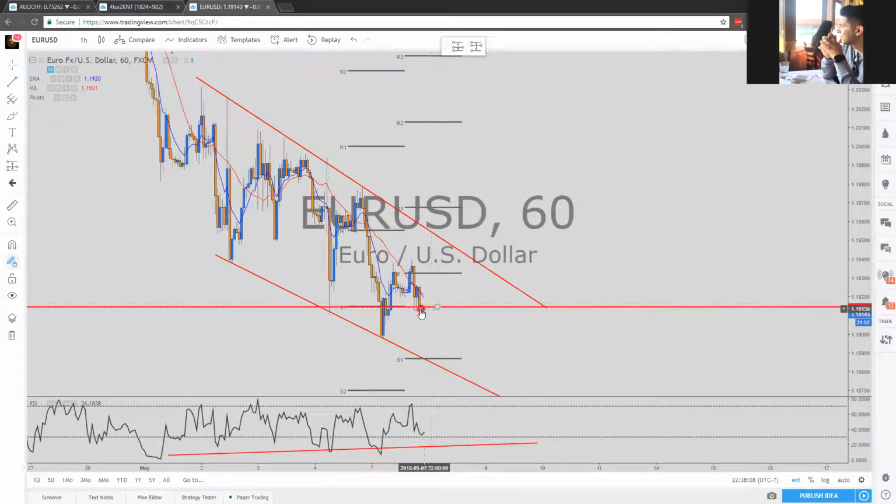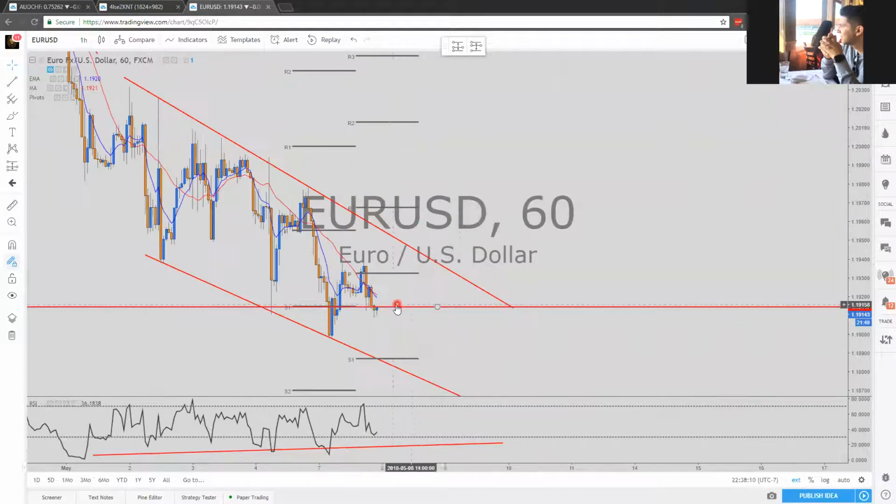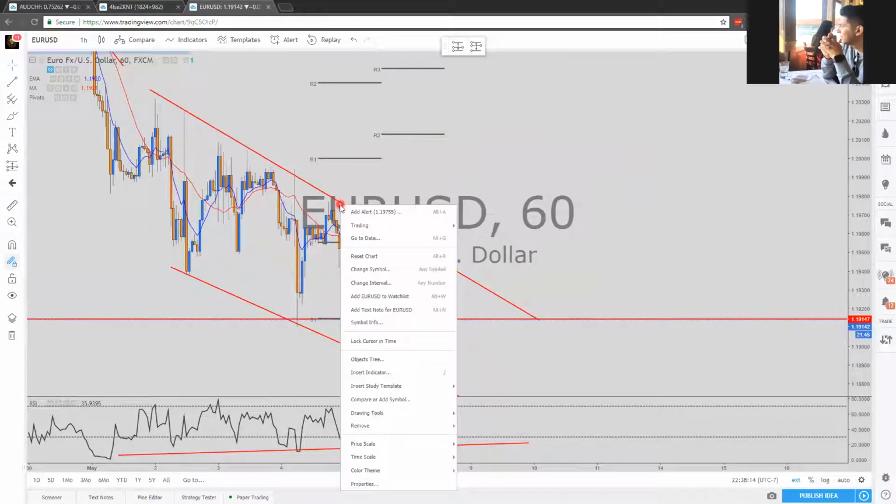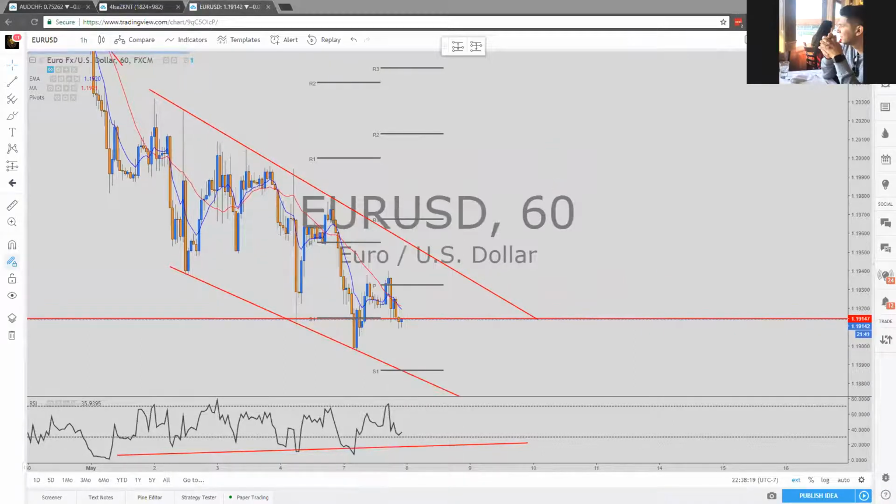So most likely right here, if it breaks above this pivot point, now I have a buy stop. I call the buy stop inside of the signal group. Let me bring that up here on my other screen.